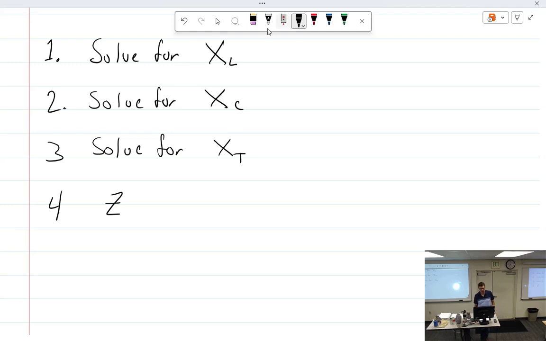Maybe I should put the formulas here. X of L equals 2 pi frequency times the Henrys. X of C equals 1 over 2 pi frequency capacitance.